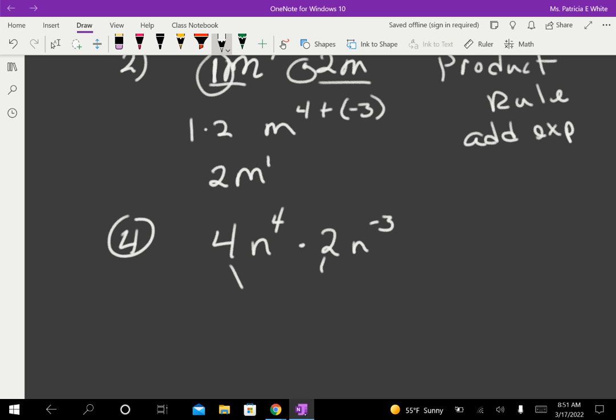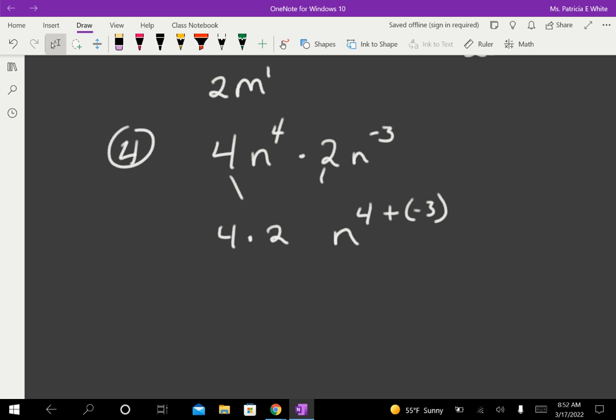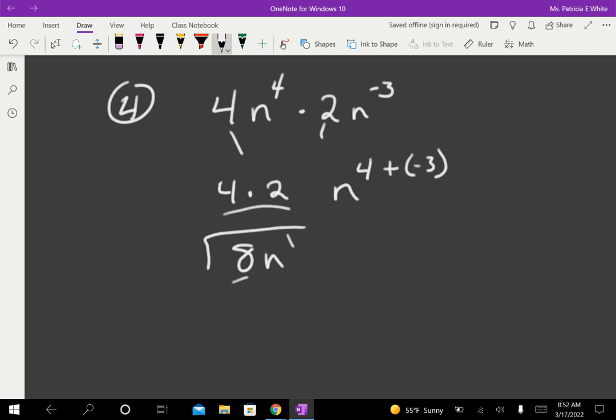Again, let's take those numbers. 4 times 2. N to the 4 plus negative 3. So this time I get 8n. 4 plus negative 3 is a 1. 4 times 2 is an 8. And that wraps up that one.